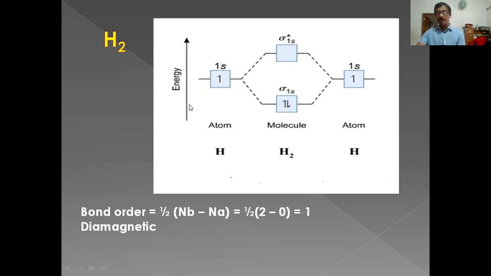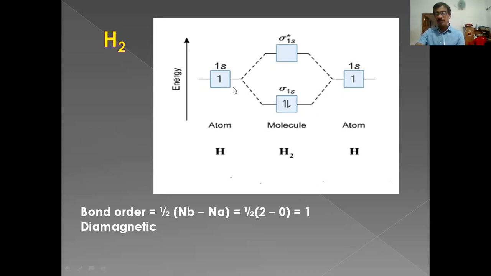Now it is the molecular orbital diagram of hydrogen. When you draw a molecular orbital diagram, you have to show the atomic orbitals and the molecular orbitals. In the first hydrogen atom, there is 1 electron in the 1s orbital, 1s1, represented here. In the second hydrogen atom also, there is 1 electron in the 1s orbital, 1s1.